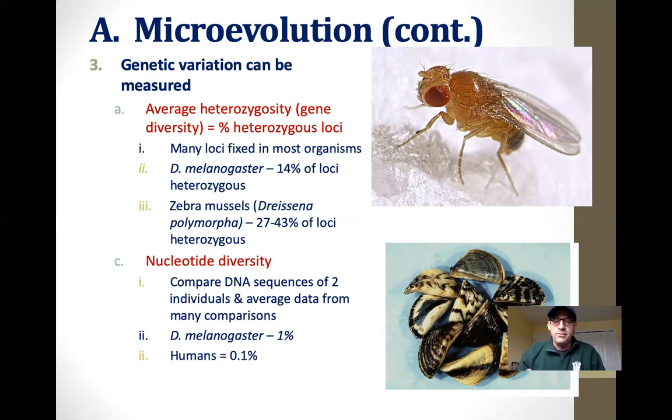And so you average all of that data from many such comparisons to figure out how diverse the genome is for any particular organism. In Drosophila melanogaster, the nucleotide diversity, the difference in DNA sequence between any two individuals, is about a 1% difference between any two Drosophila melanogaster that you would compare. Whereas with humans, there's a 0.1% difference between any two individuals that you would choose to compare on average.